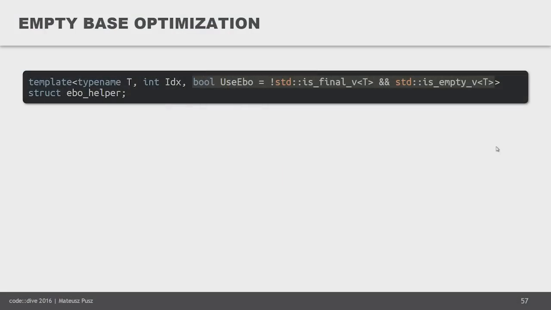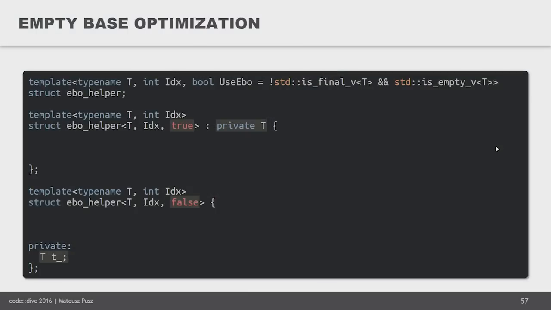So basically, to implement empty base optimization, let's create some helper structure. It has some use EBO Boolean flag that is true when our class is non-final, because we cannot inherit from the final class, yes, and when this class is empty, because this is where we care about empty base class optimization.